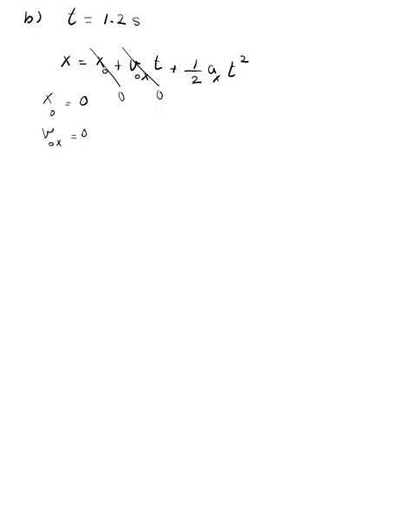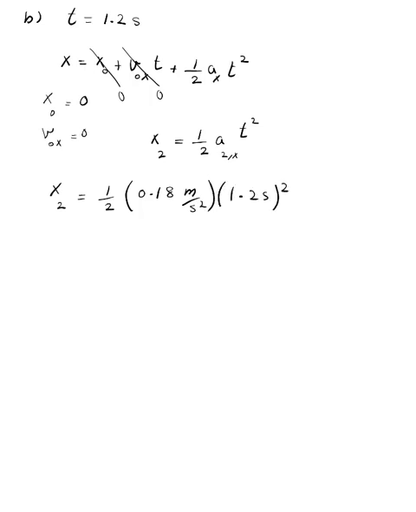So x, with subscript 2 to show that it is for canoe number 2, is half a2x t squared. The position after 1.2 seconds is half, the acceleration 0.18 meters per second squared, times 1.2 seconds squared. So x2 is going to be 0.13 meters after 1.2 seconds.